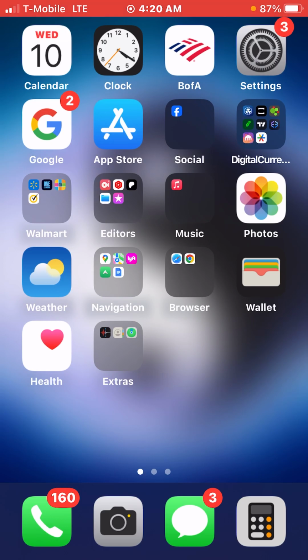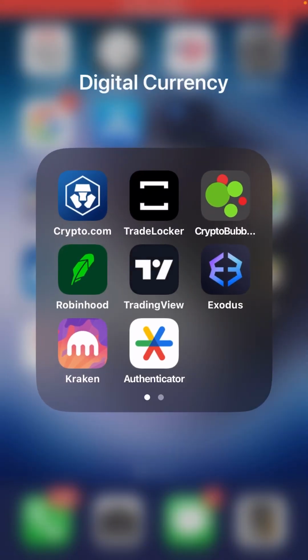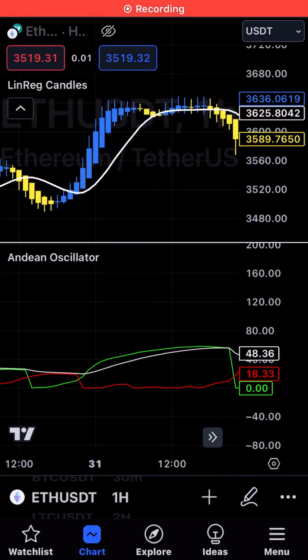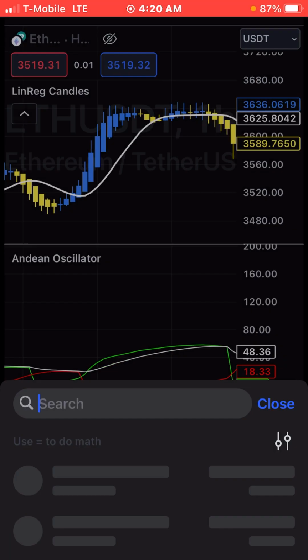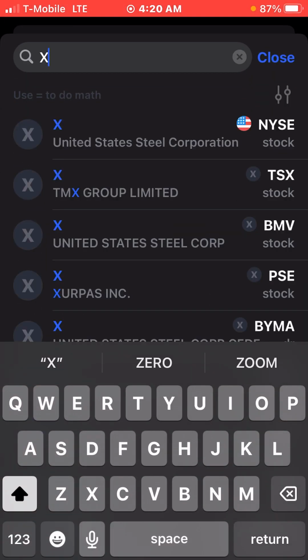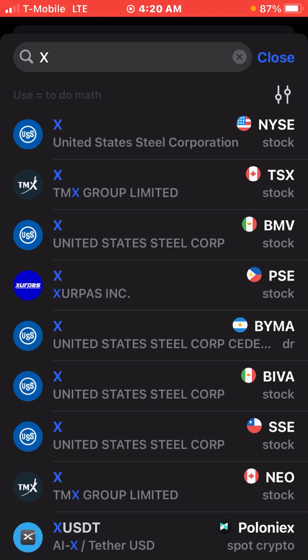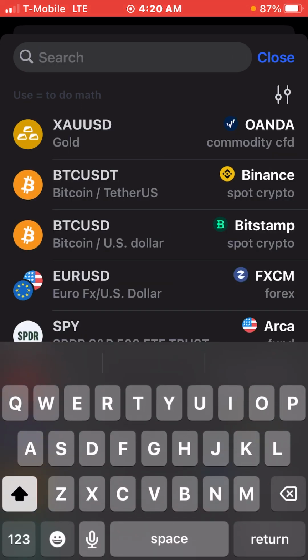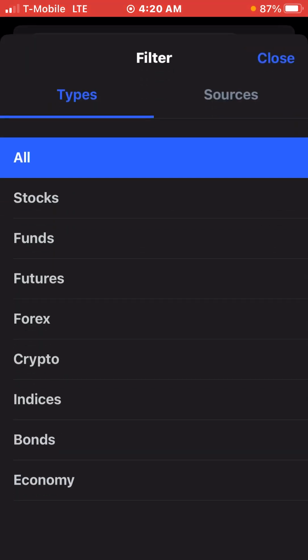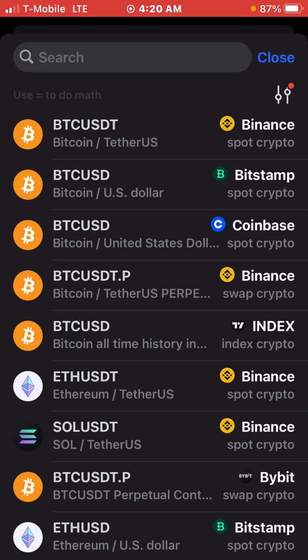So let's real quickly look at one more crypto for this strategy. Let's look at something that has some pretty good volume.